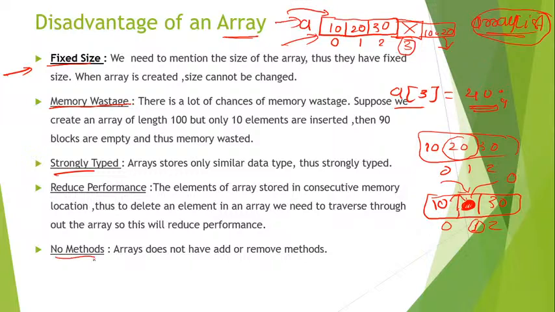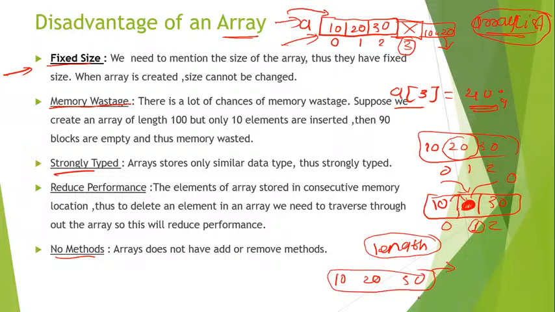And no methods. Okay, no methods, that means here they have only the length. If you want to find out the length of the array, you can simply use the length. But if I just want to find out the minimum element from my array, like here this is the array that we have, that is 10, 20 and 30, and from this array I just want to find out the smallest element, then for that we have to write the code.